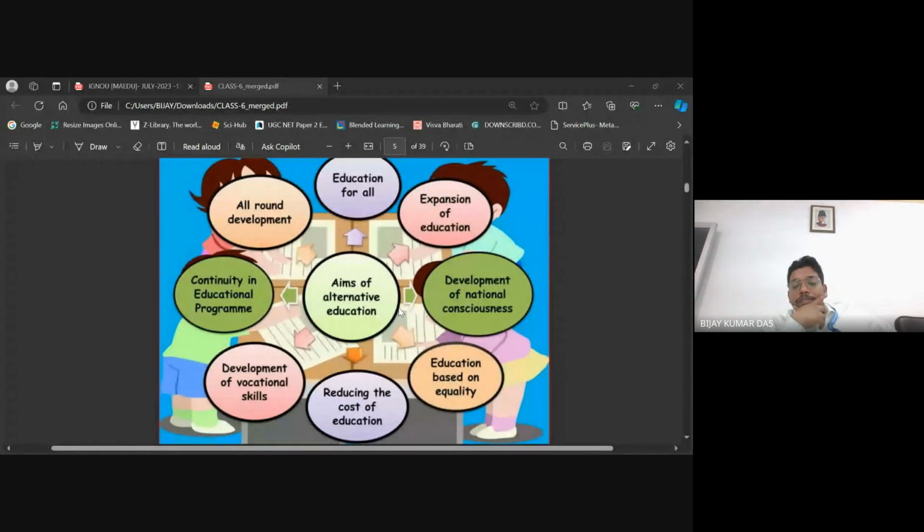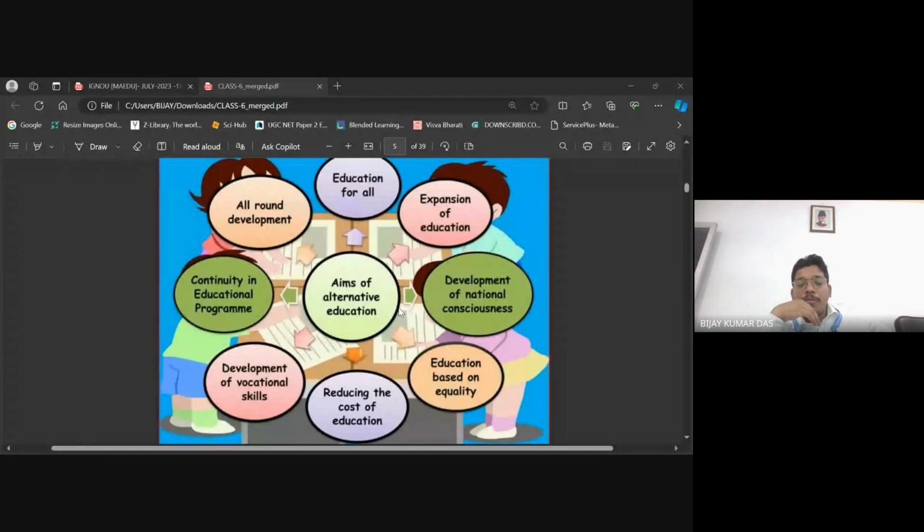Not only is it reducing the cost of education, but we can also say it is bringing the development of vocational skills, right? Some courses have been designed and developed by course designers and curriculum developers in the form of alternative education.